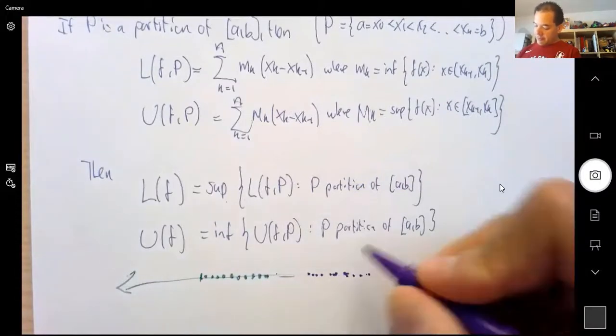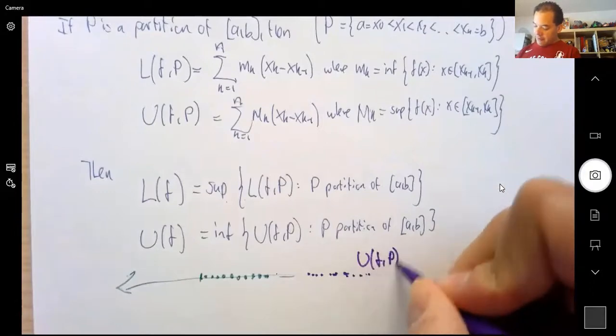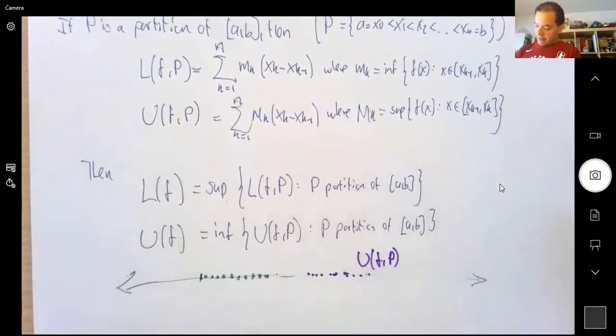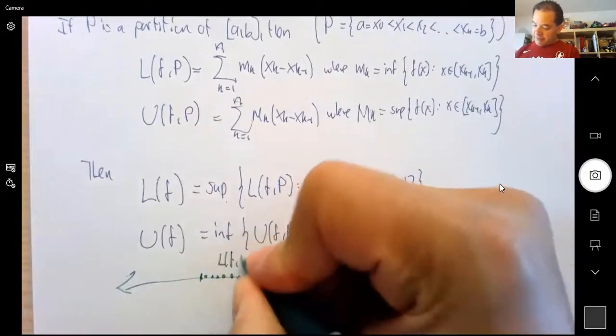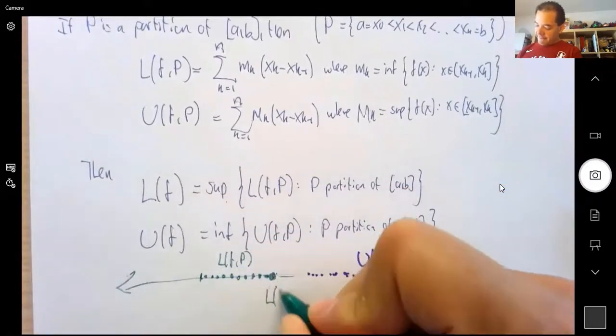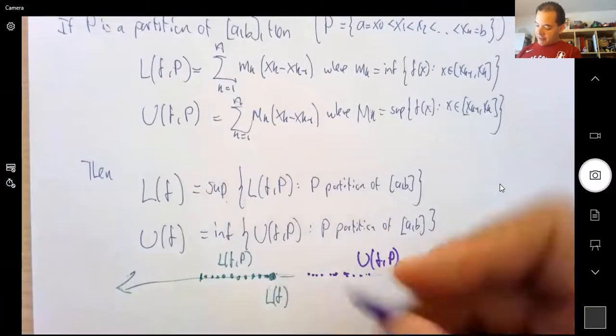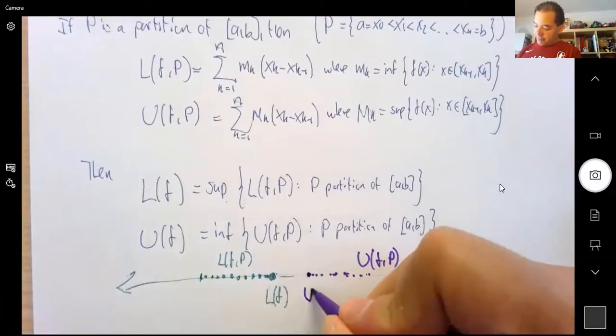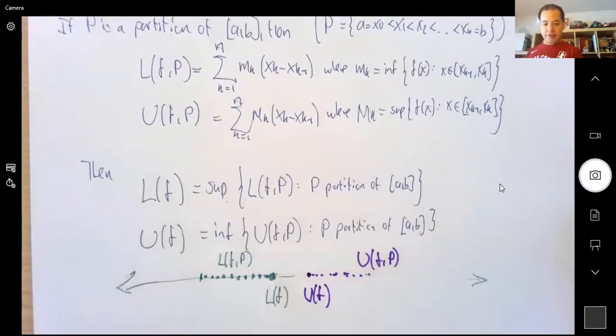So these are the U's, and these are the L's. And they're always like this. So that means that the supremum of the L's is always smaller than the infimum of the U's. Well, this is one of your exercises in the homework, to show that this is actually smaller than that one. But it kind of makes sense if you have two sets that are like this.